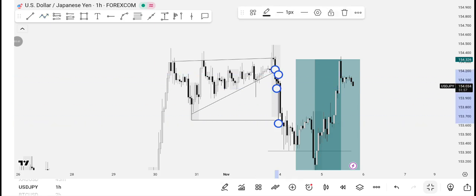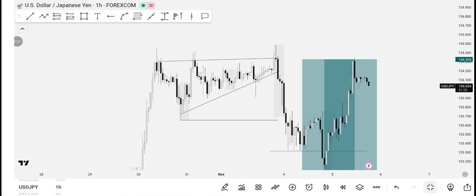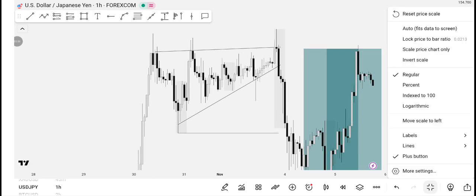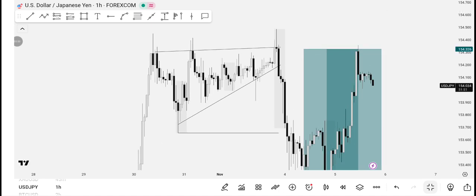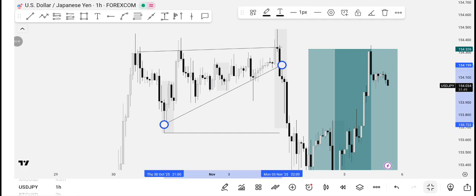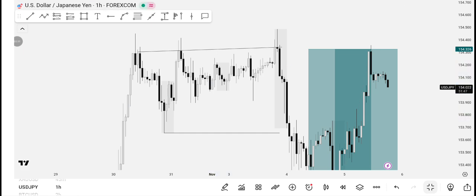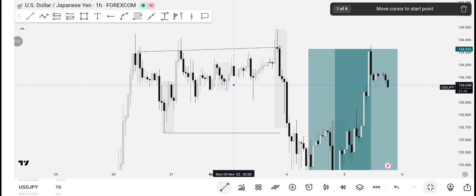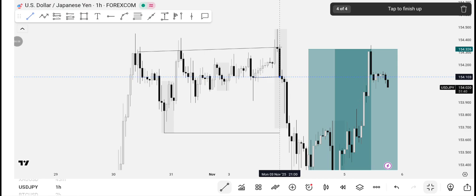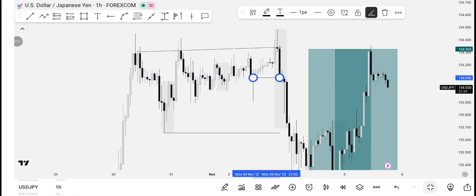So I was just vigilant to know what the people were going to do till it broke this low. It broke that low with a full body. Now we are bearish at this point.